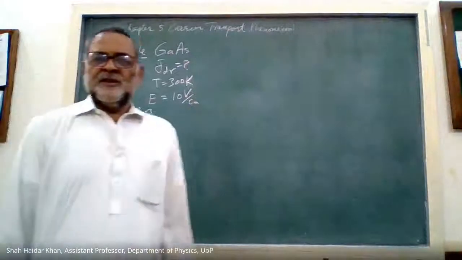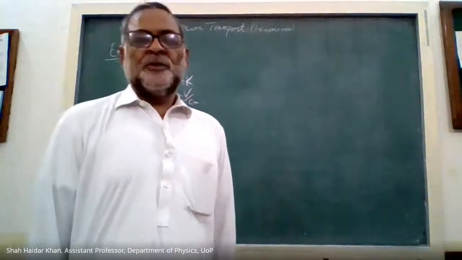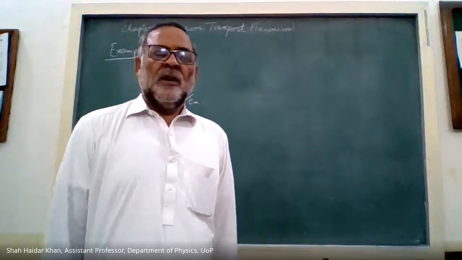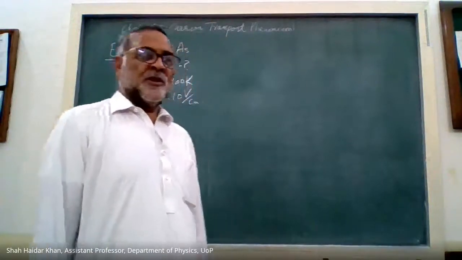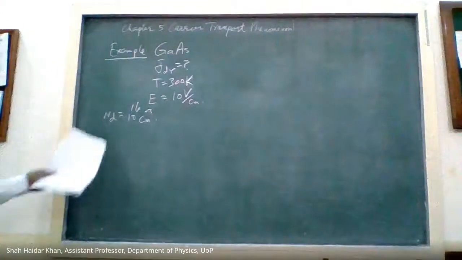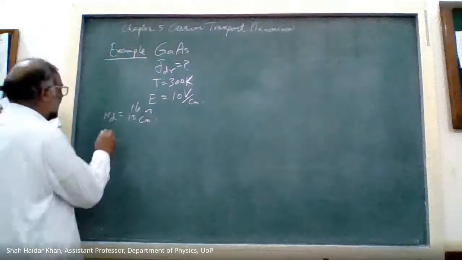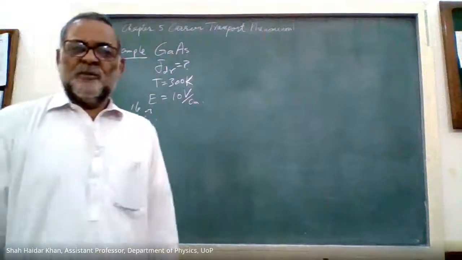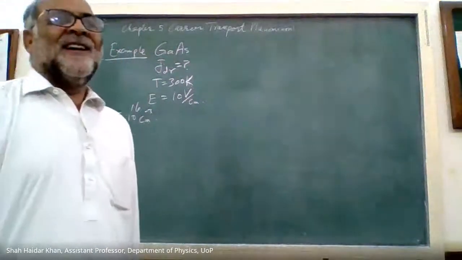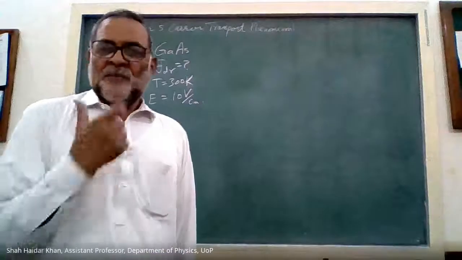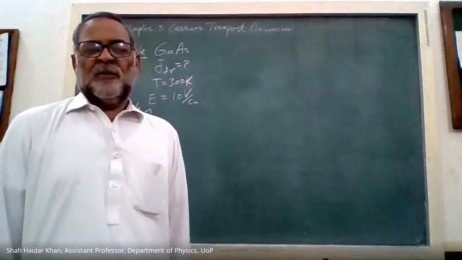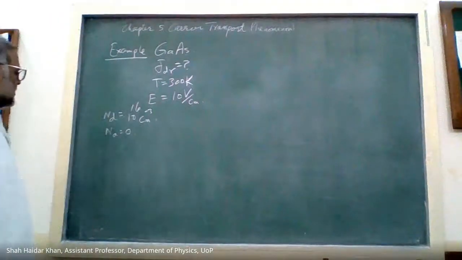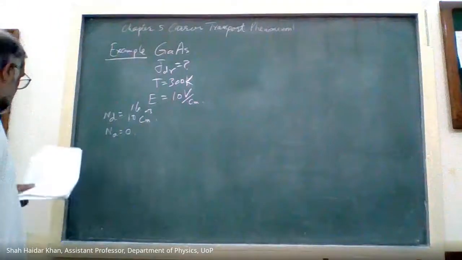That is the typical density of doped impurities in a semiconductor sample, about 10 to the power 16 per centimeter cube. And Na is equal to 0. Suppose there are no acceptor impurities, we have only donor impurities here.